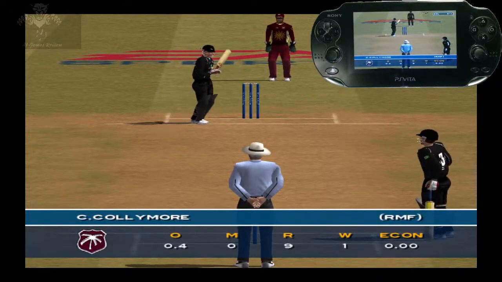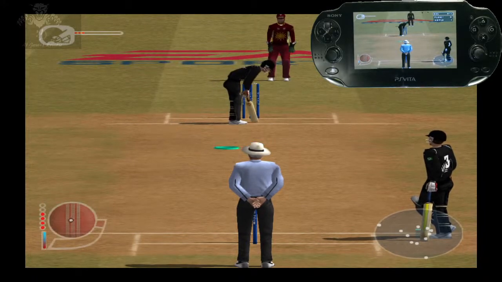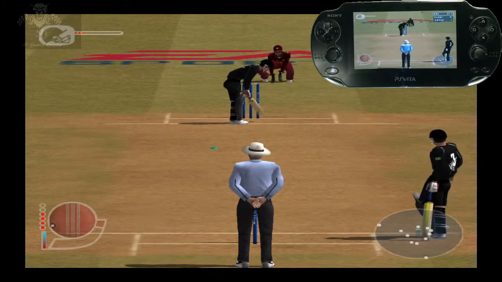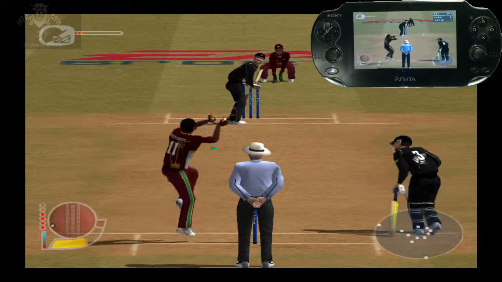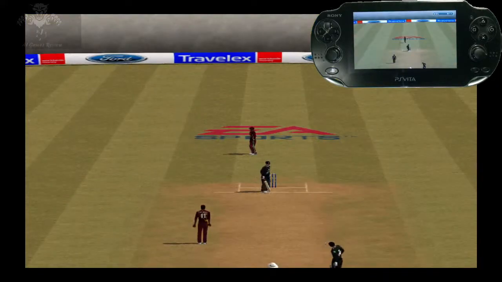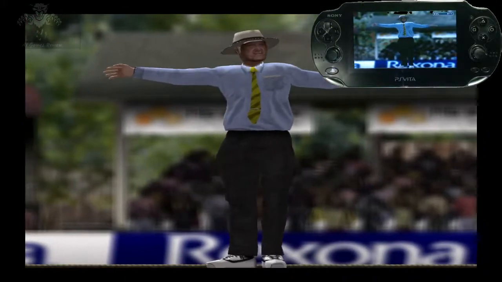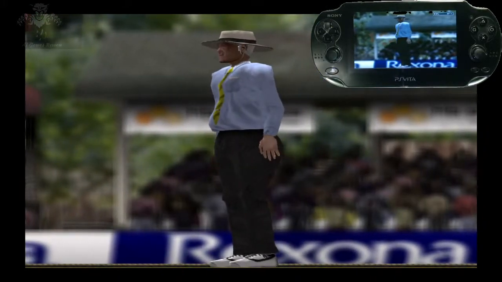Collymore to Fleming. That's been given as a wide. You can't get away with any width in one-day cricket because the umpire will call you for a wide.